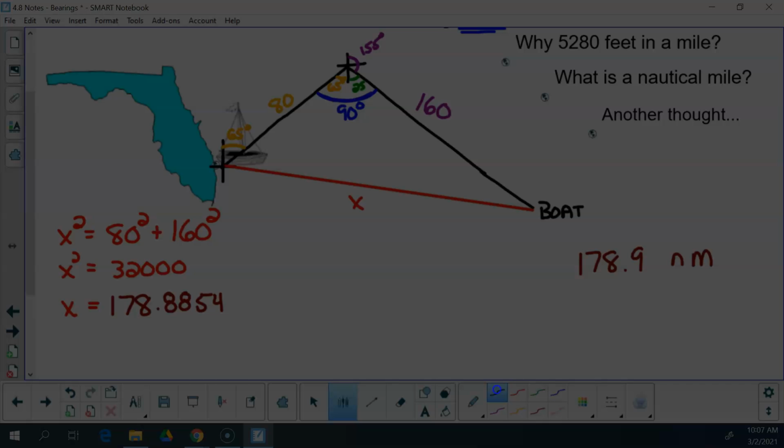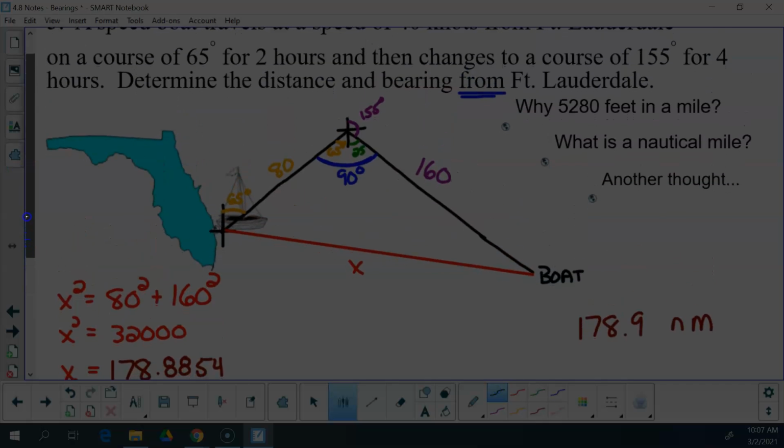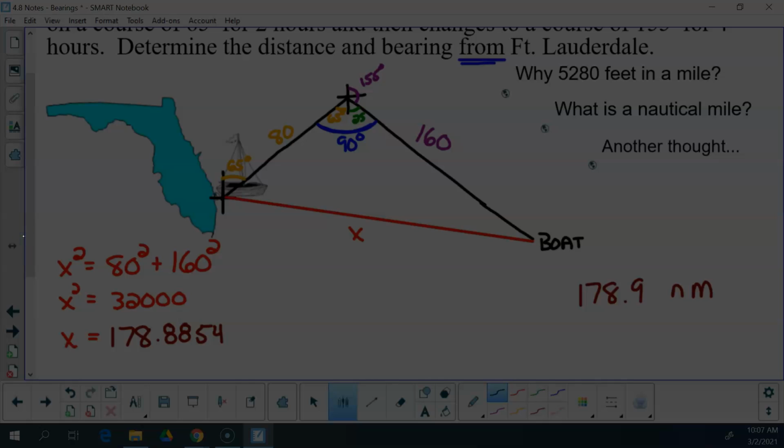We also were tasked with finding the bearing from Fort Lauderdale. So I am going to need to find this angle right there. How would I go about finding said angle?